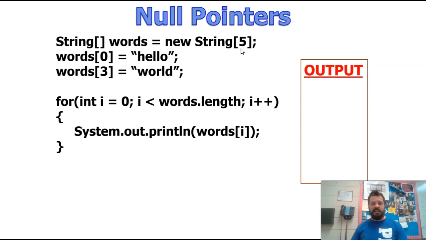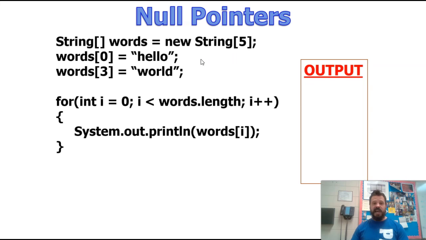Java sets aside a spot in memory with 5 slots to hold strings, and initially it gives them all the value of null. Null is the zero value for strings and any types of objects, so any array you create that you don't explicitly assign values to is going to start off at null.